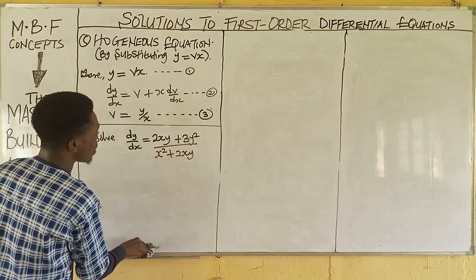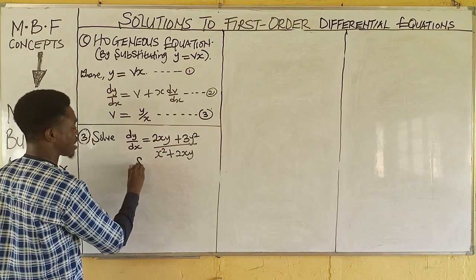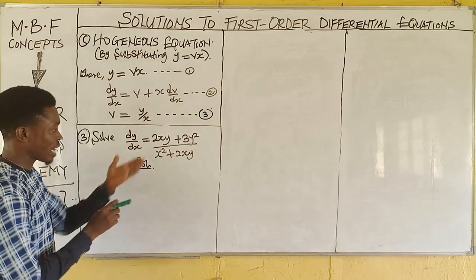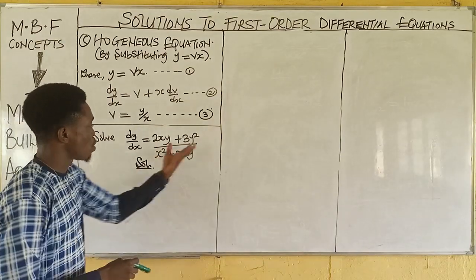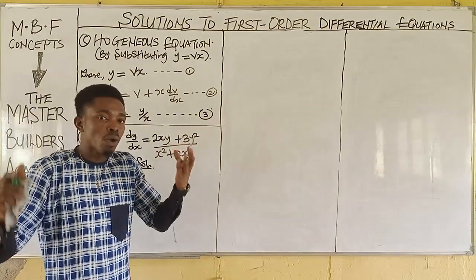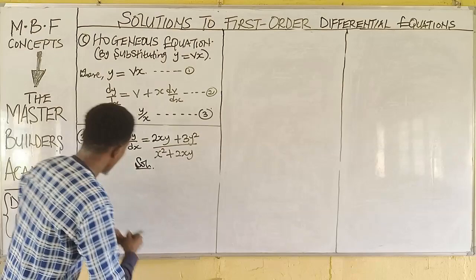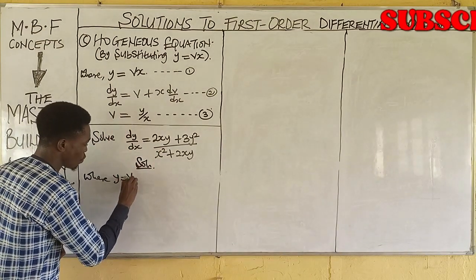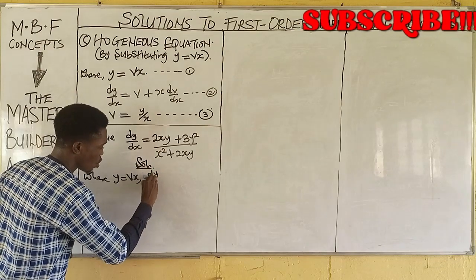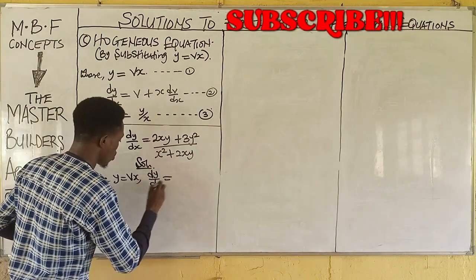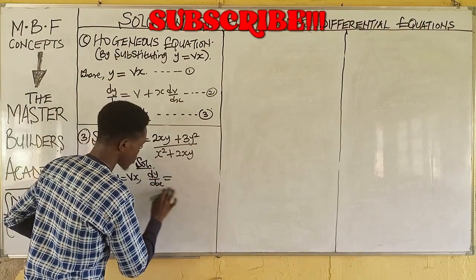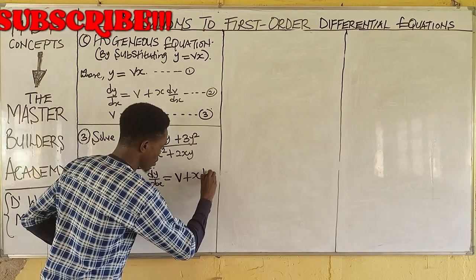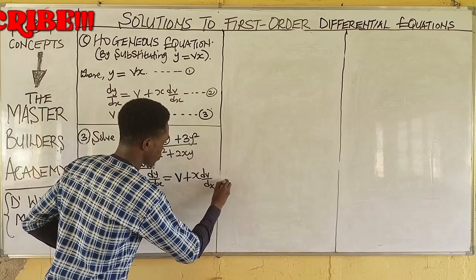Okay, now, what do we need to do? Now that we have identified that these functions cannot be separated directly, we need to find a way to separate them. And how do we do that? We will use the homogeneous equation, where y is equal to vx and dy over dx is equal to v plus x dv over dx.